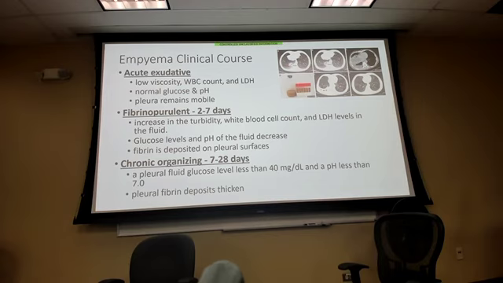So the abscess itself is kind of stuck to the parietal pleura. The fluid inside may still be a little bit mobile, but the fluid collection itself is just stuck to wherever it's organized.